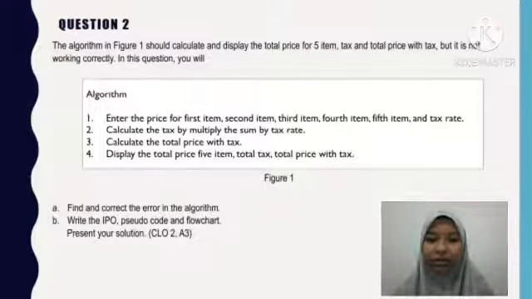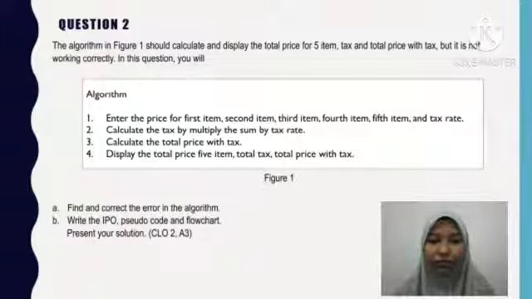Second, calculate the tax by multiplying the sum by the tax rate. Then calculate the total price with tax. Then display the total price of 5 items, total tax, and total price with tax.